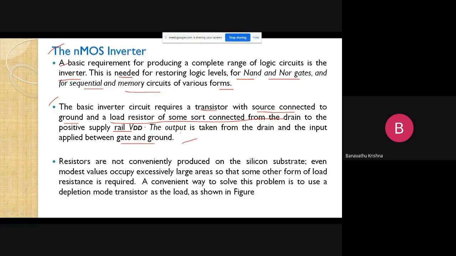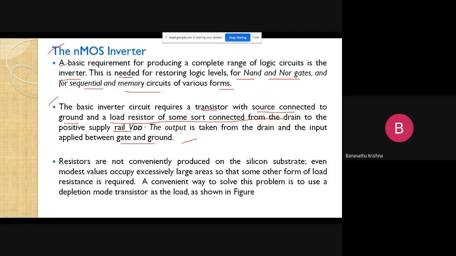This also performs the inverter operation. But in fabrication, even at modest values, the resistor occupies a very large area.